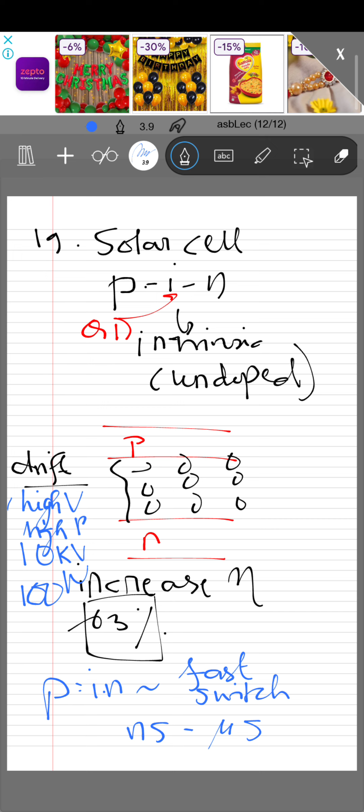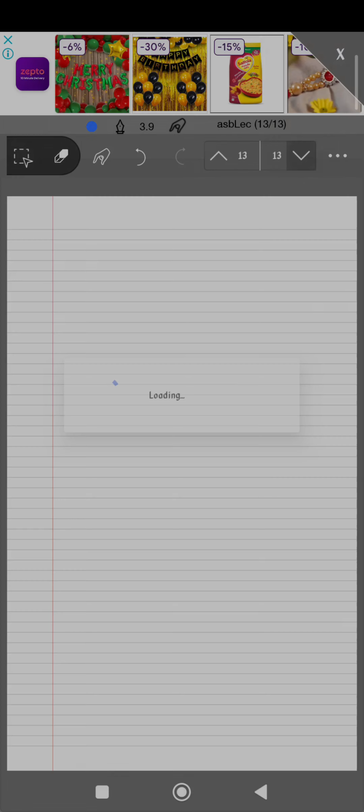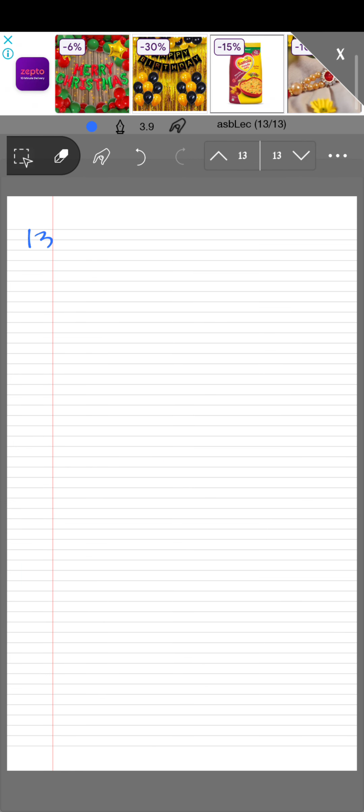Now, the different types of quantum dots. Quantum dots are most effective in the case of semiconductors.